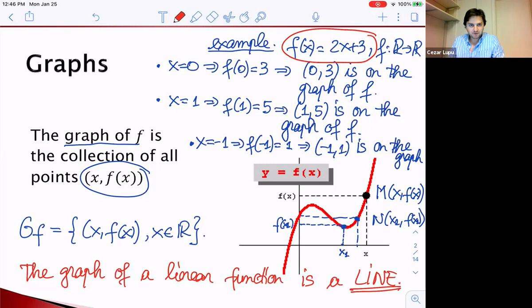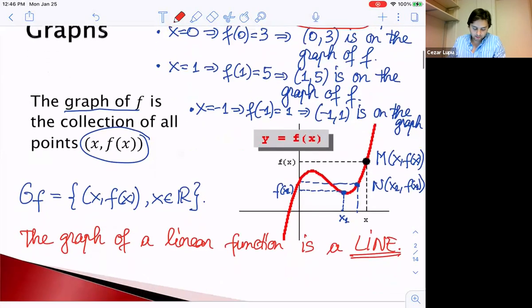But anyway, we'll get there at some point. What you need to know at this point is that the graph of a function f is nothing else than a collection of all points of coordinates x, f of x. All right, let's move on.